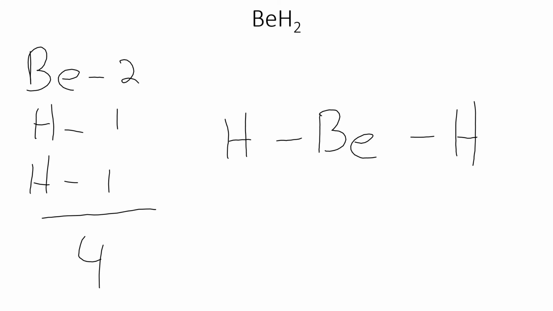So the fact that beryllium is in group 2A means that us having a deficient octet here is okay. So when you have elements in group 1A, 2A, or 3A, they don't have to, but they may have deficient octets. So our example of BeH2 shows us an example of that.